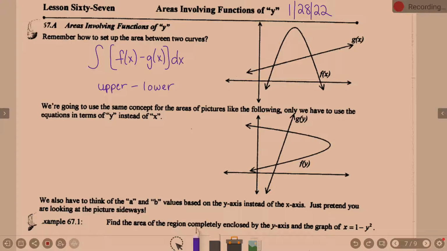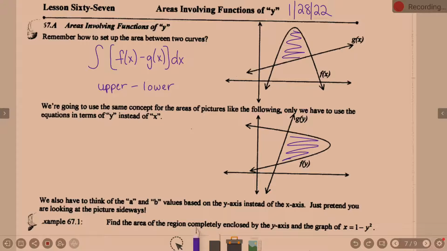The ones we're looking at today are going to look more like this second picture. As you look at these two pictures, if we're trying to find the area between the curves, can we really think upper minus lower?